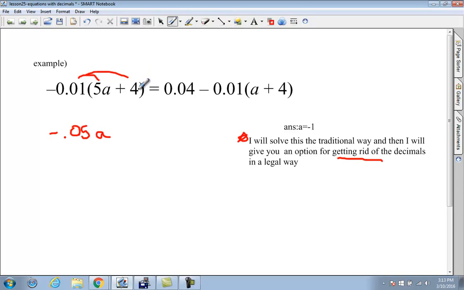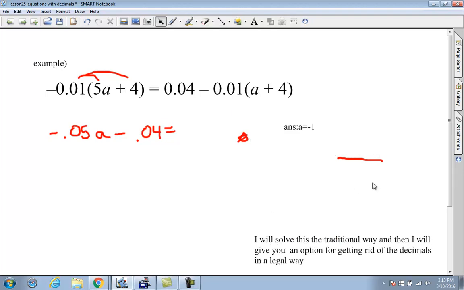0.01 times 4 is just 0.04, but again, a negative times a positive is a negative, so we'll say minus 0.04 equals... Okay, now here I have to distribute again, so 0.01 times a is just 0.01a.